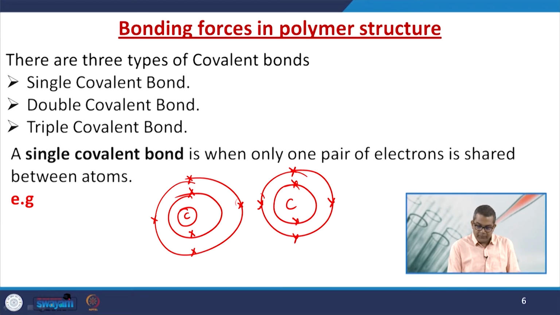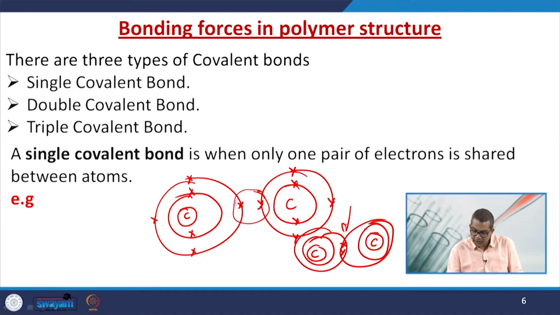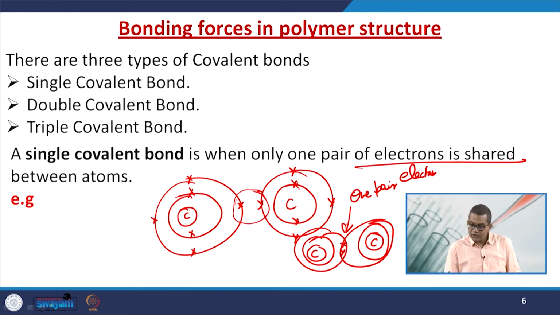This Y may attach with this one, so the structure would look like this. Here X and Y, so here you have the single bond. Only one pair of electrons is shared, and this particular terminology is called the single covalent bond.